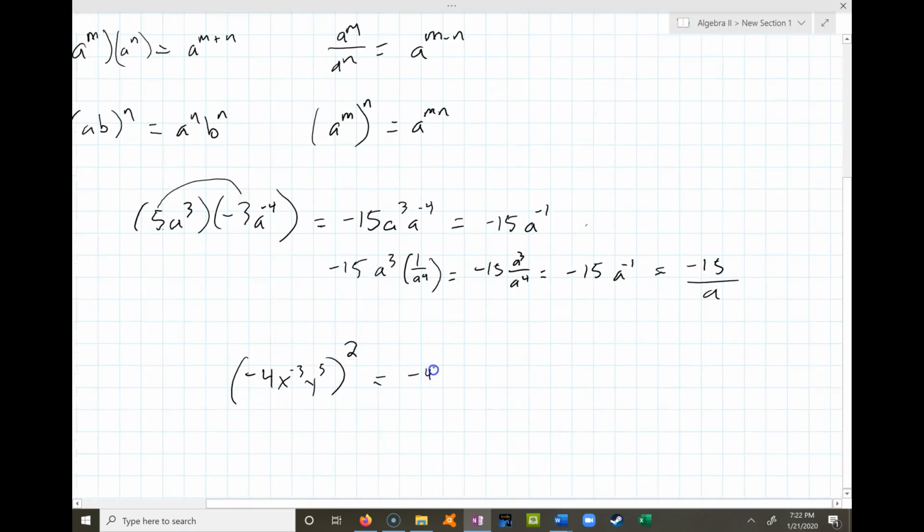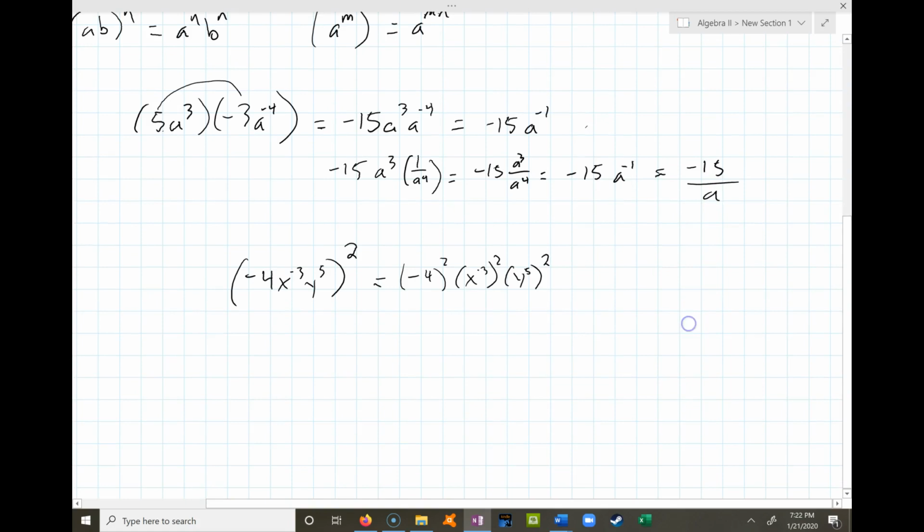So this would be negative 4 squared times x to the negative 3 squared times y to the 5th squared. And of course, negative 4 squared would be negative 4 times negative 4, which would just be 16. X to the negative 3 squared would be x to the negative 3 times x to the negative 3, which would be x to the negative 6.